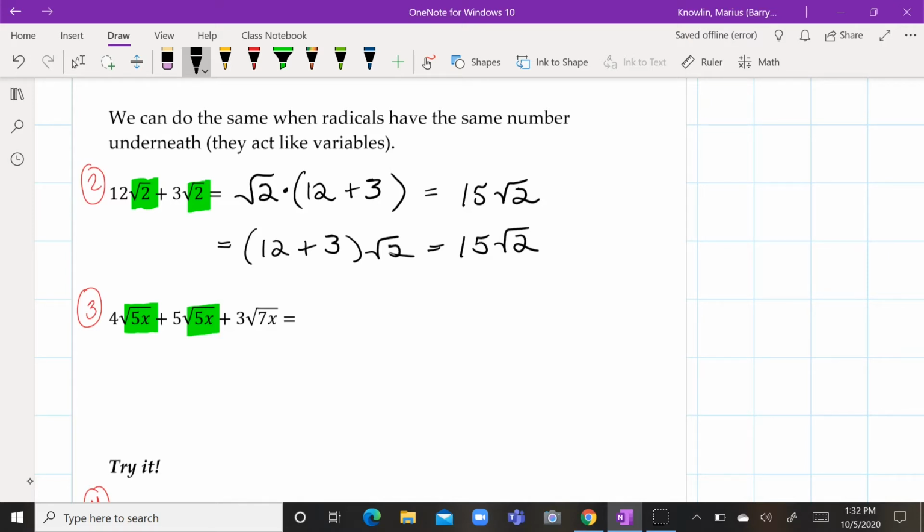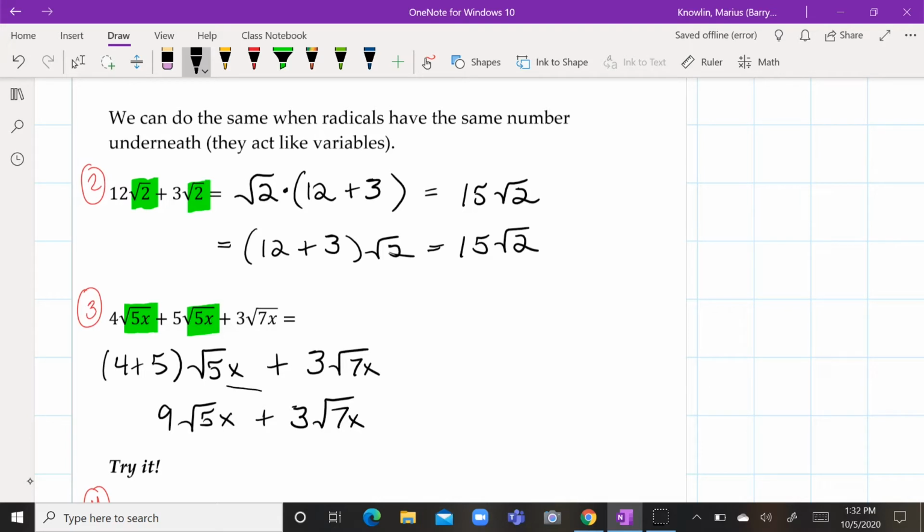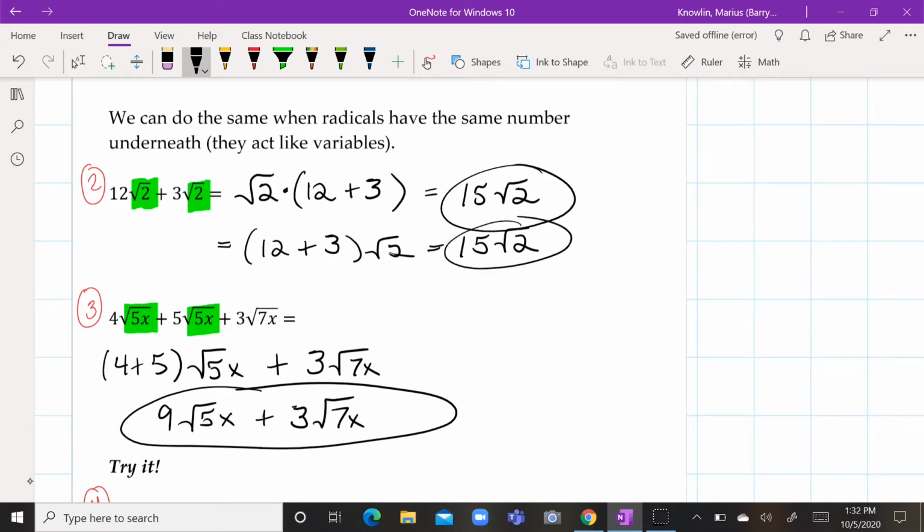So this would become 4 plus 5 square root 5x plus 3 square root 7x, and when we simplify that, that's going to be 9 square root 5x plus 3 square root 7x. Final answer. And let me circle my final answers back up here for the second example.